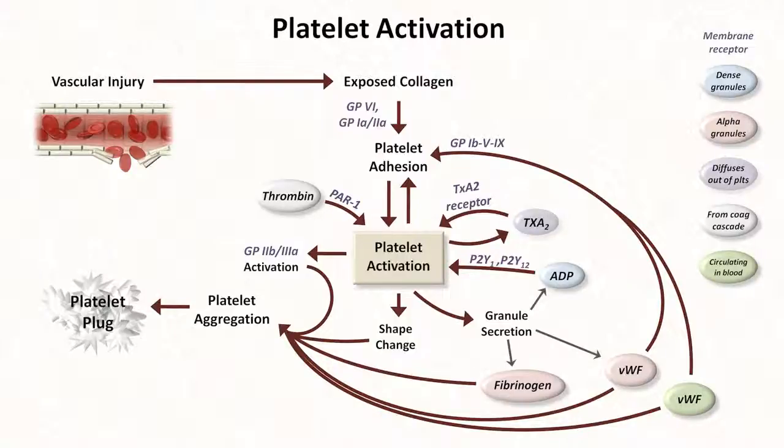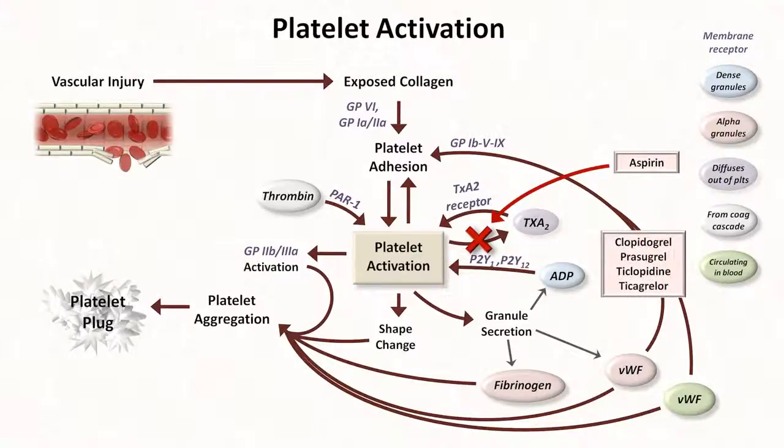Different medications interfere with this complex process at different points. For example, the most commonly prescribed antiplatelet drug, aspirin, inhibits the production of thromboxane A2. The P2Y12 inhibitors clopidogrel, prasugrel, ticlopidine, and ticagrelor all predictably block the P2Y12 receptor. The GP2B3A inhibitors over here include three drugs: eptifibatide, tirofiban, and abciximab.